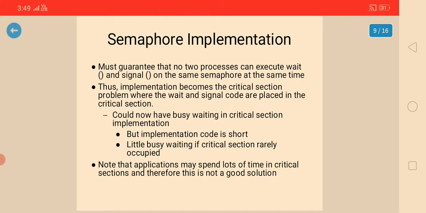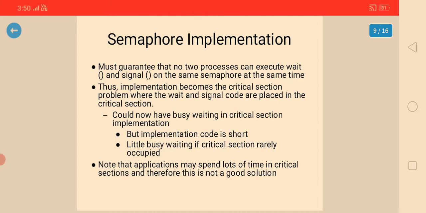Thus the implementation becomes a critical section problem, where the wait and signal code are placed in the critical section. You can place both operations in the critical section, and there could now be busy waiting in the critical section implementation. This may occur while we are using these two operations, but the implementation code is short, so we can avoid more code.